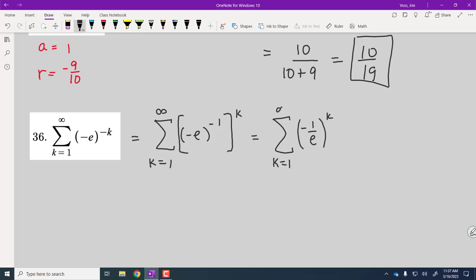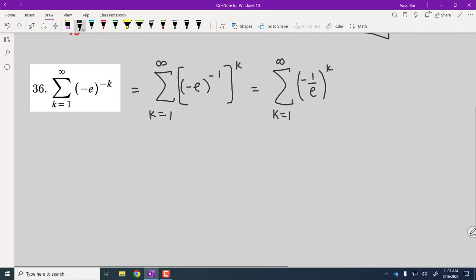So Tyler, you had it. Now we see that the R value is -1 over e. -1 over e has a magnitude less than 1. So yes, this will converge. The A value is -1 over e.